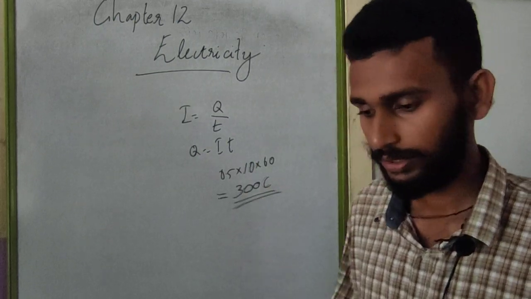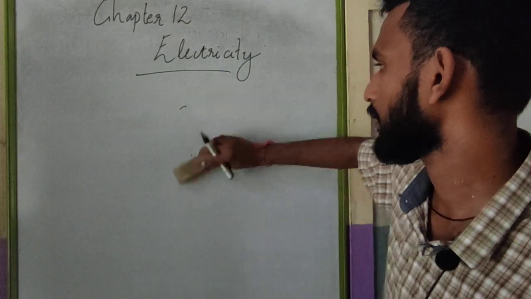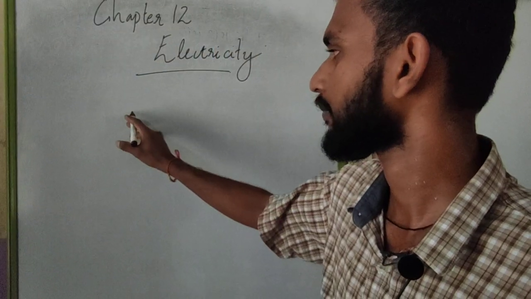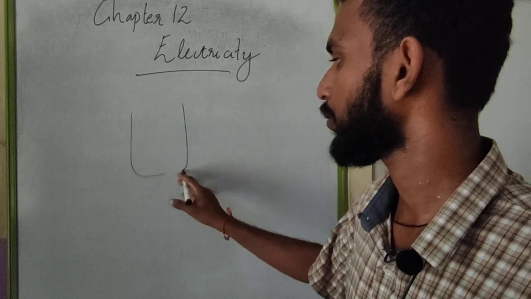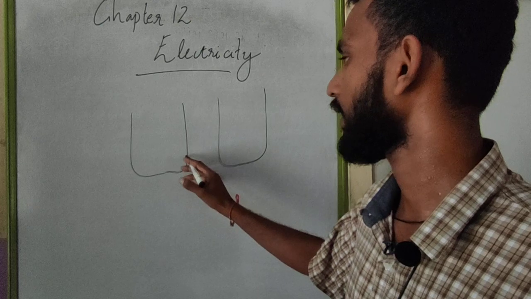And now let us come to the potential. What is potential and what is the necessity of potential? Before that, let us consider water. Suppose you have 2 beakers of water connected from the bottom.